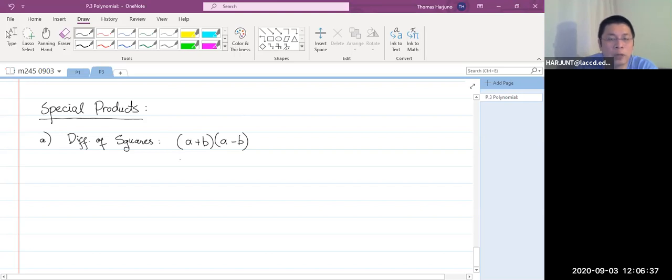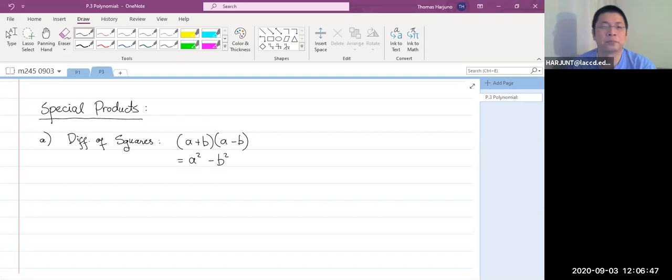When you FOIL that, you will end up with a squared minus b squared. Okay. Now, of course, even though you can get the same result when you FOIL it, they categorize that as a separate special product because they don't want you to waste your time that way.